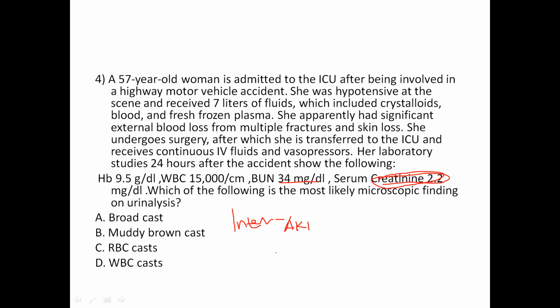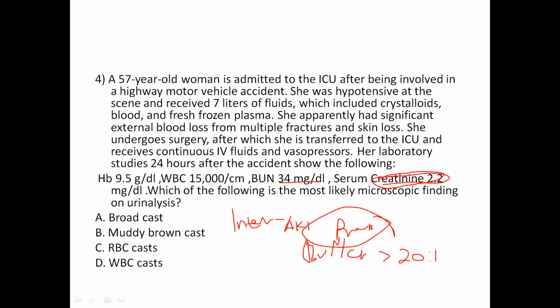One of the clues to distinguish intrarenal and post-renal AKI from pre-renal AKI, or prerenal azotemia, is the blood urea nitrogen to creatinine ratio. The BUN to creatinine ratio is greater than 20 to 1 in pre-renal AKI.